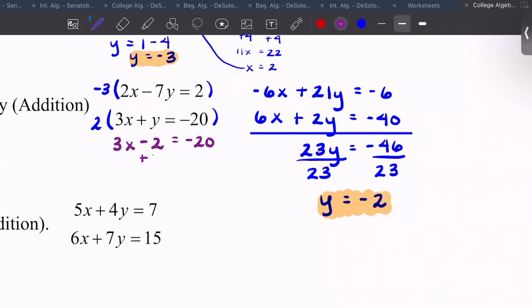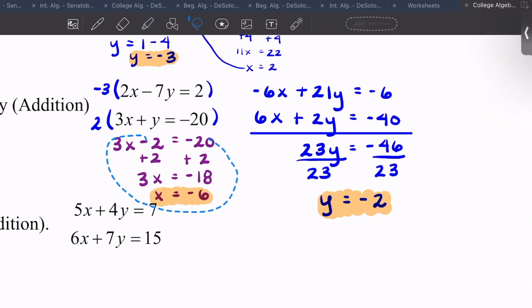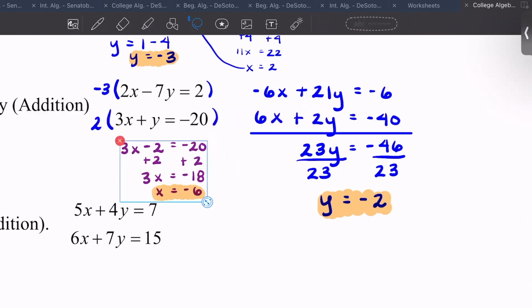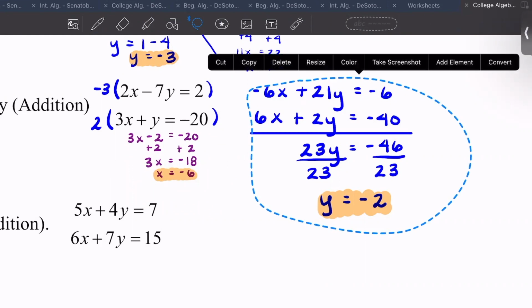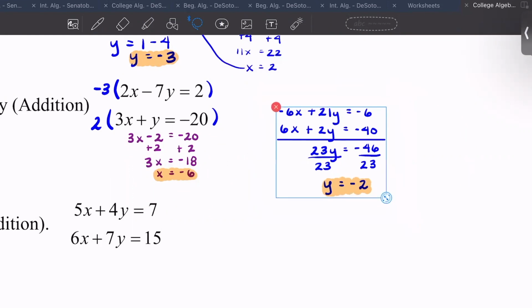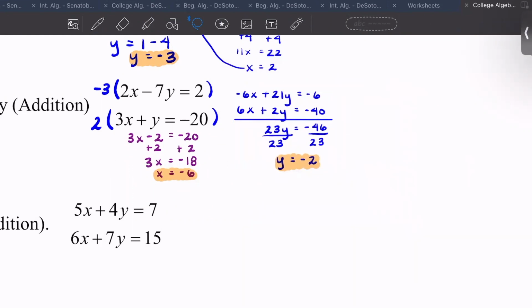And then I'm going to add 2. Divide by 3, and I get x equals -6. Okay. So you just zero one out and then solve for one, plug back in to solve for the other one.